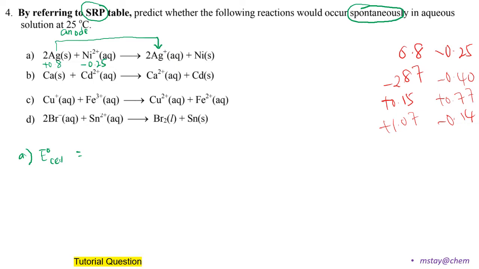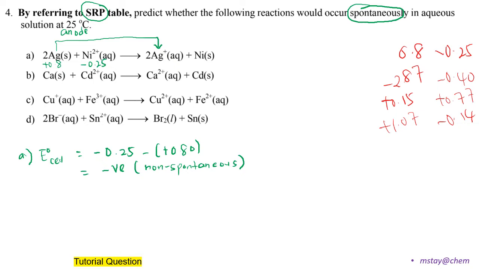The cathode is negative 0.25 minus the anode, positive 0.8. Without pressing the calculator, we know that this is a negative value, so this is non-spontaneous. However, when you do the calculation in the exam, you need to show the value, yeah?